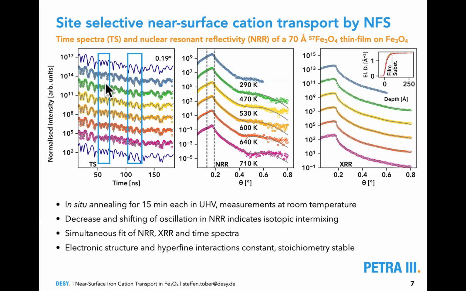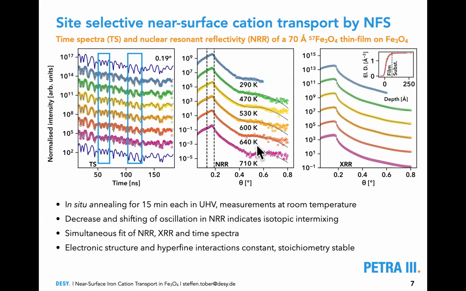So there is already a slight difference of the occupation, maybe resulting from the growth. And this difference further changes during the annealing process. So the cation transport seems to be different on the two sublattices.